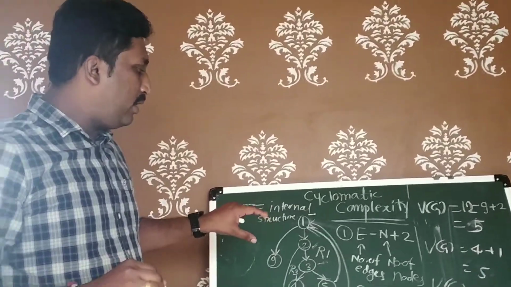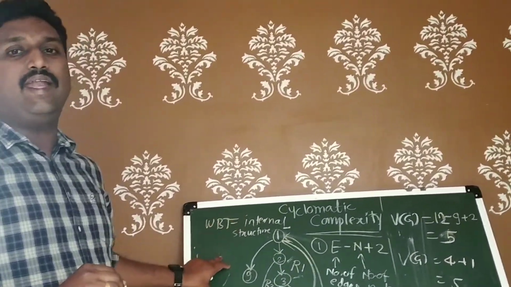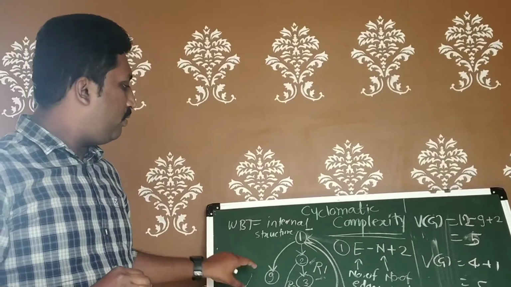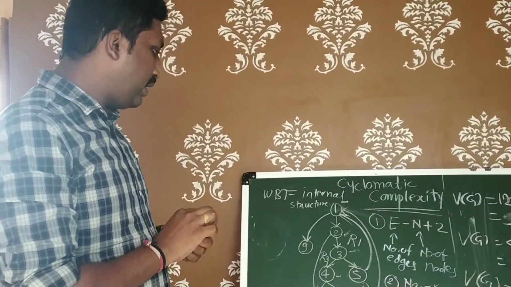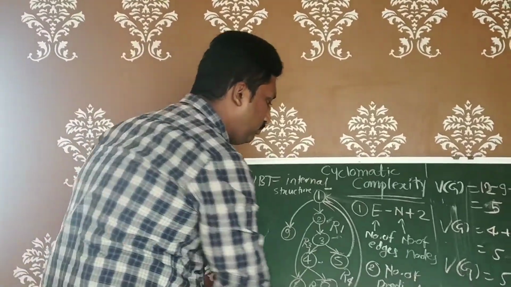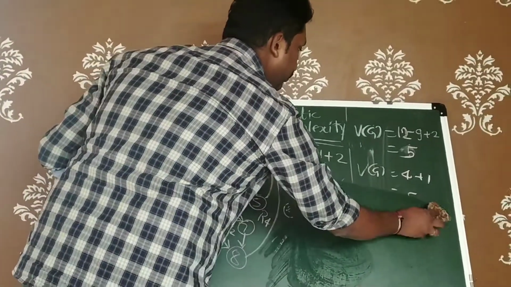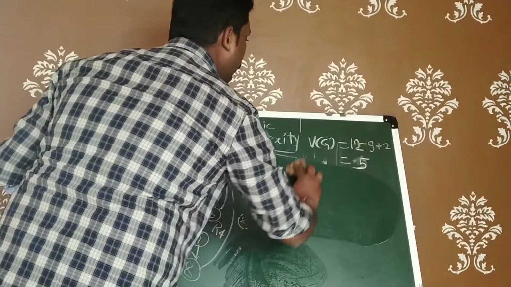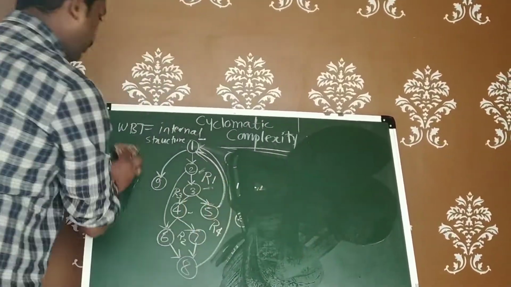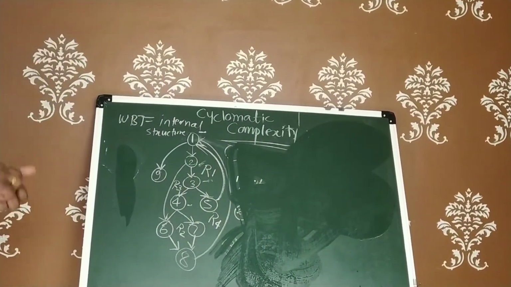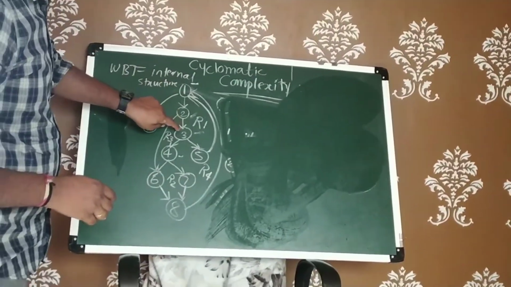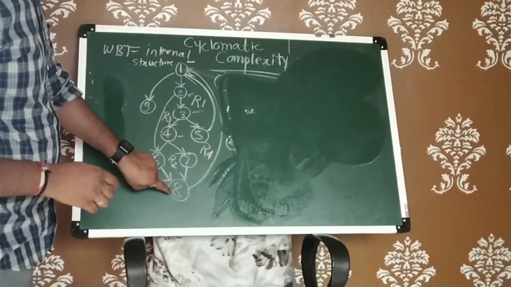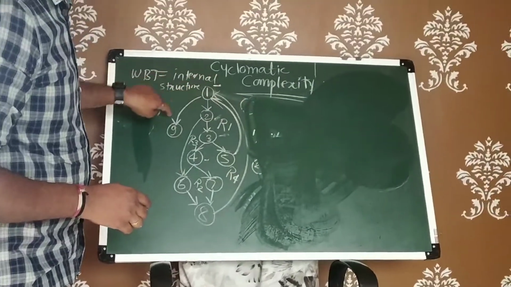Means what? It will give you 5 independent paths. Now what are the 5 independent paths? Let us see. 1, 2, 3, 4, 6, 8, again 1 and 9.